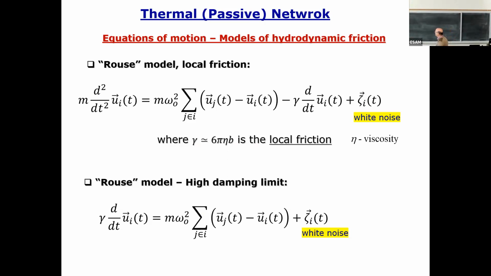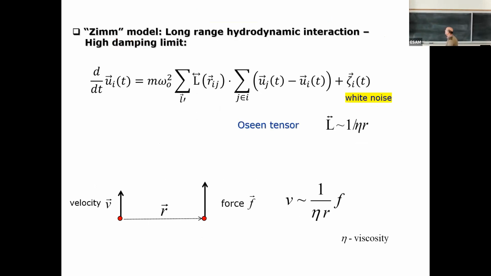This is the vibrational part, and this is the second derivative, Newton. So with high damping, you throw this away. High damping, small size system, you can throw away inertia and you have this kind of equation, and that's the Rouse model in the high damping limit.